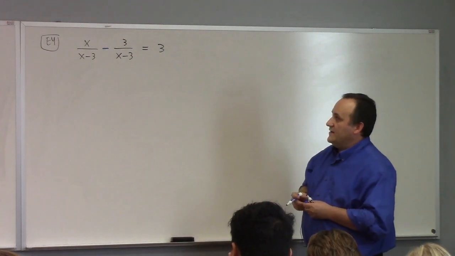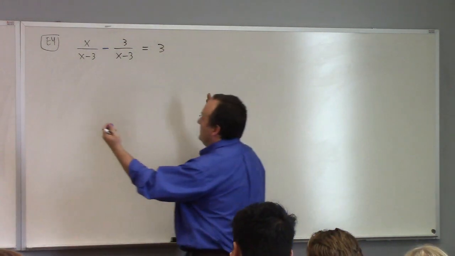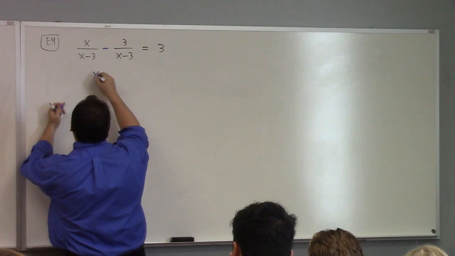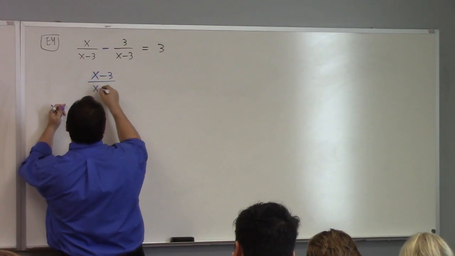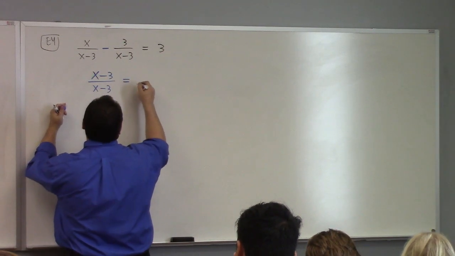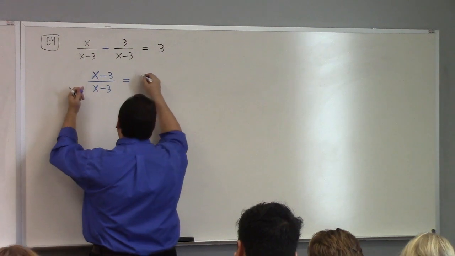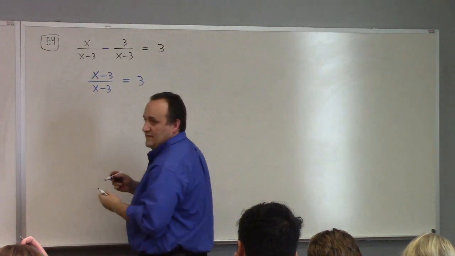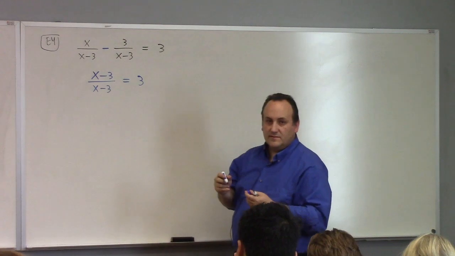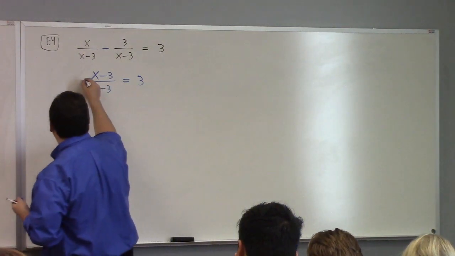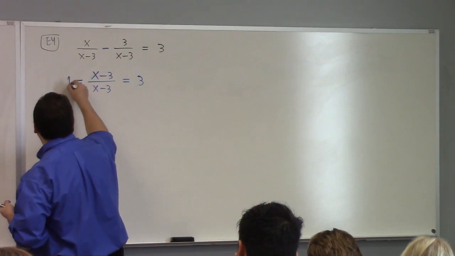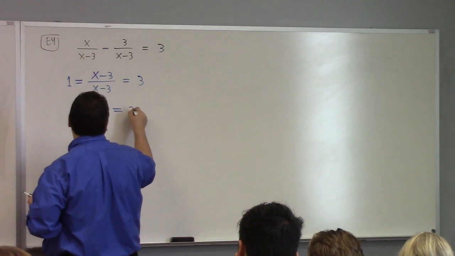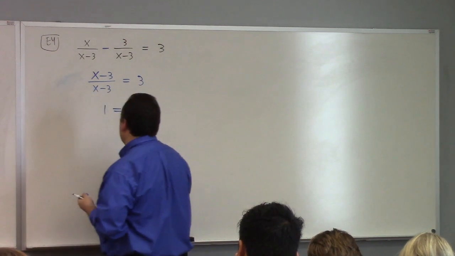So what happens with that minus is this combines to be what? x minus 3 over x minus 3 equals 3, right? But what is x minus 3 over x minus 3 equal to? 1. So 1 equals 3, right?